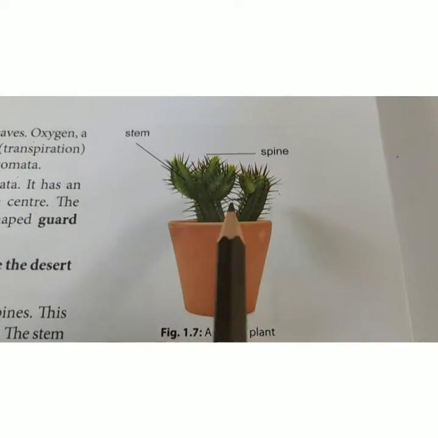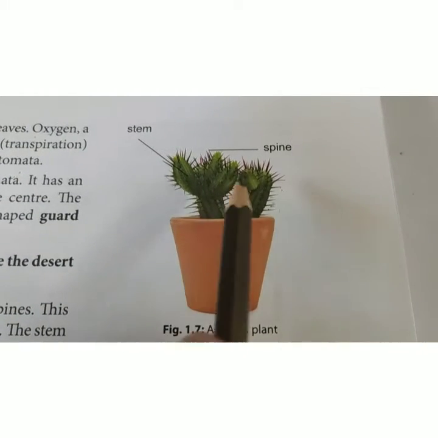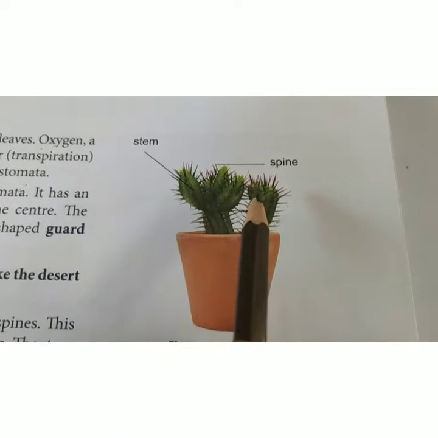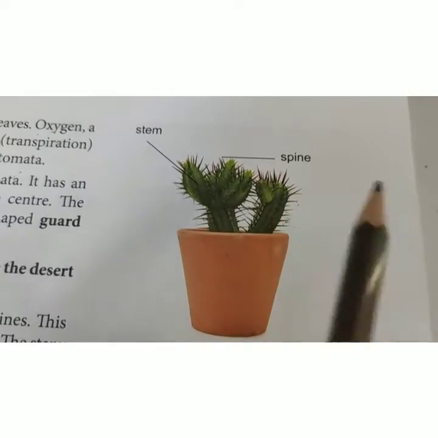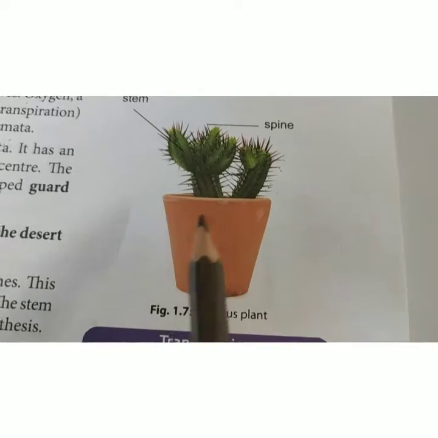Now if in desert areas so many leaves are present, then what will happen? The evaporation will be very fast, and as you know we get very little water in deserts, so the plants will have problems surviving.